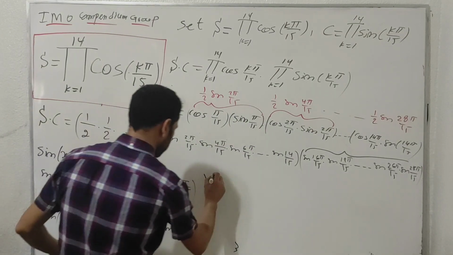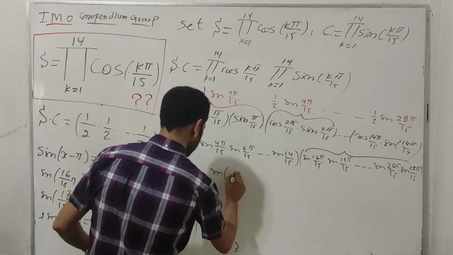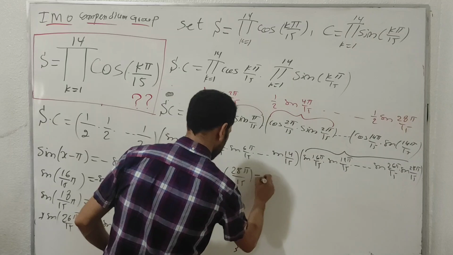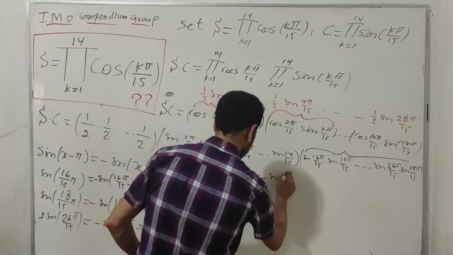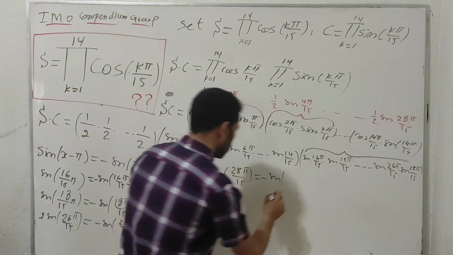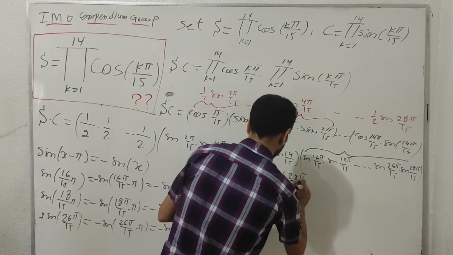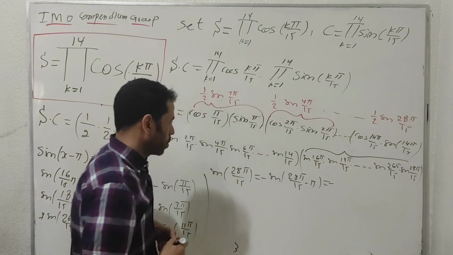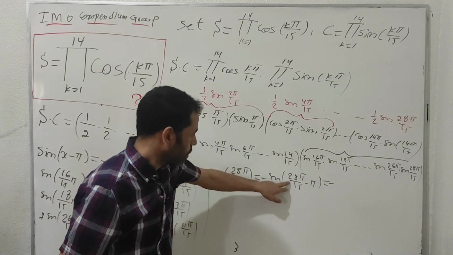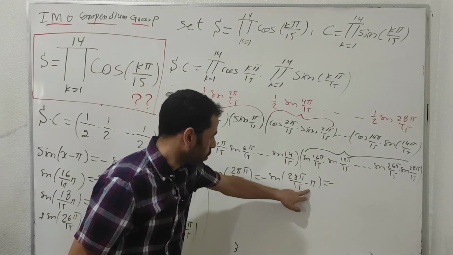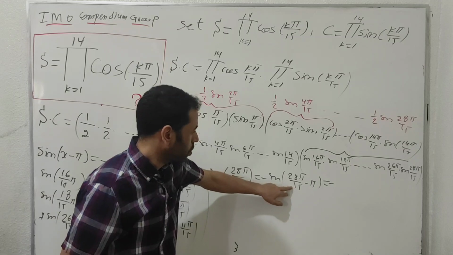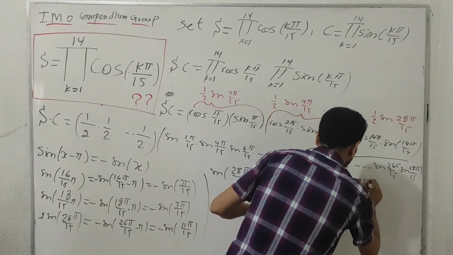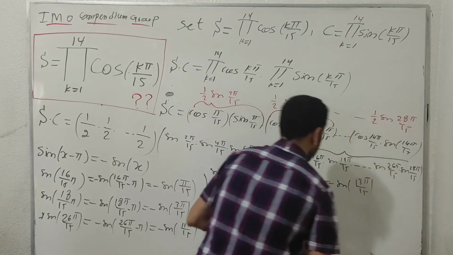For the last term, sine of 28 pi over 15 equals minus sine of 28 pi over 15 minus pi. So this one I will get 28 over 15 minus 1. I will have minus sine of 13 pi over 15.